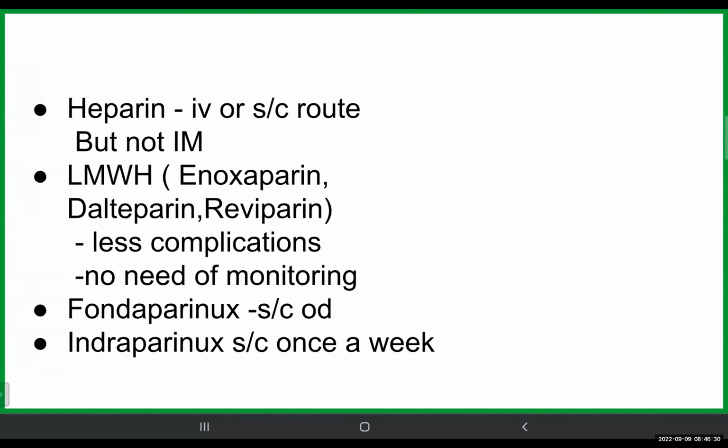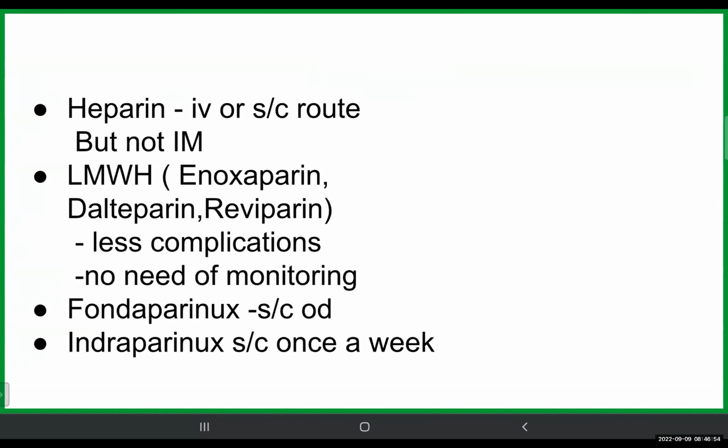Heparin can be given by IV route or subcut route, but not IM, to avoid hematoma. Low molecular weight heparins, that is enoxaparin, dalteparin, reviparin, cause less thrombocytopenia, and chances of hemorrhage are also less. And monitoring is not required as the response is very predictable.